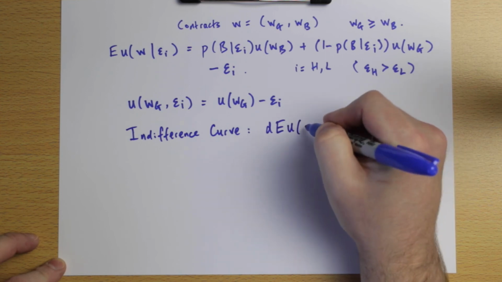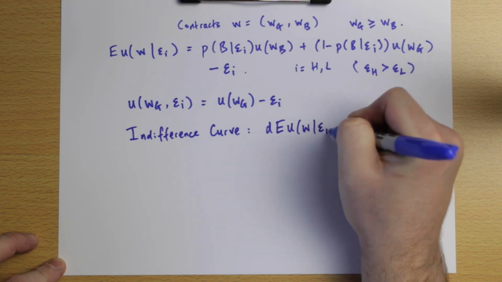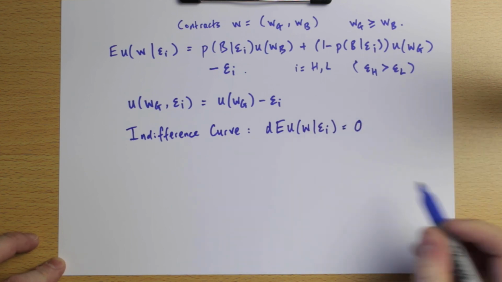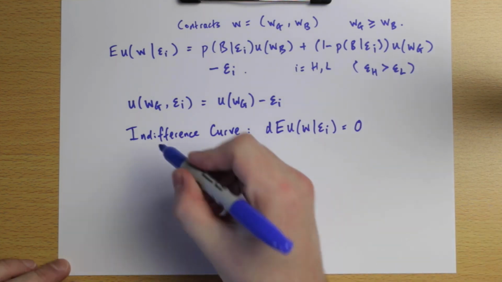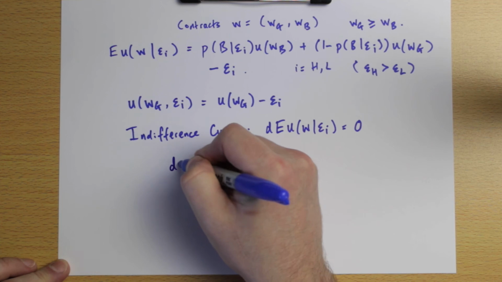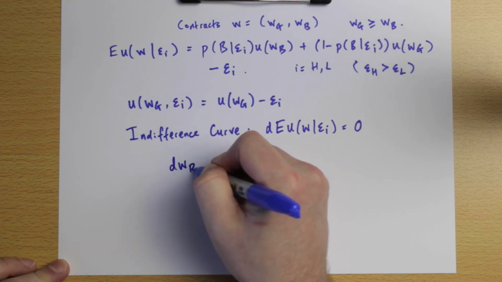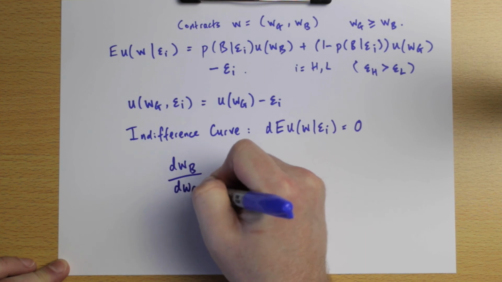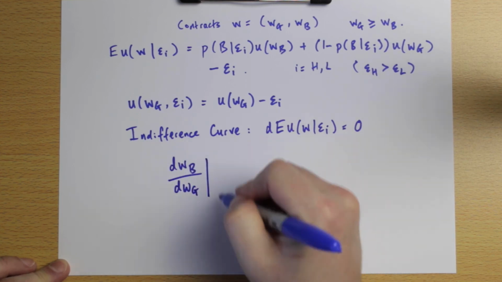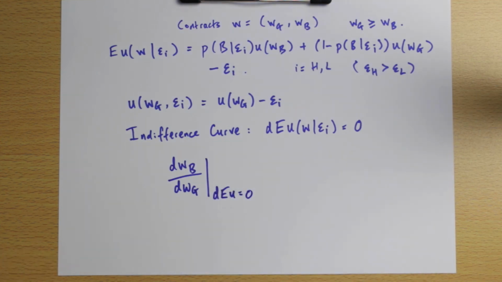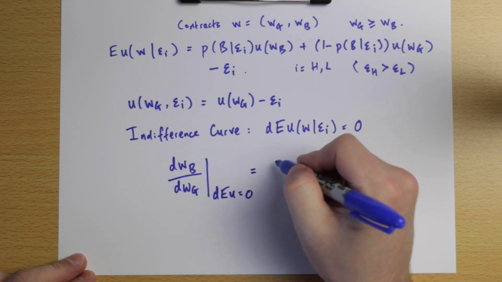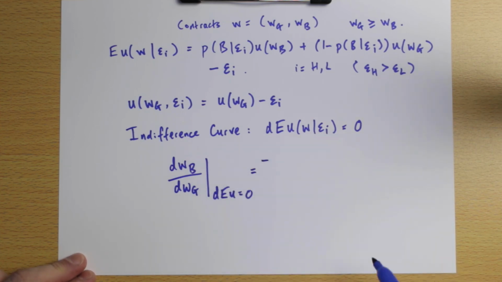The differential of expected utility conditional on effort I is 0. If you expand this total differential and then do the rearranging, exactly as we did in lecture 4, you'll find that the slope of an indifference curve, the derivative of WB with respect to WG, I suppose I could make a note here that change in expected utility is 0, to say this is the slope when utility is constant. This is going to be exactly the same as the Rothschild-Stiglitz case.